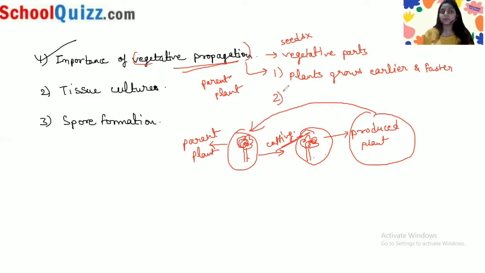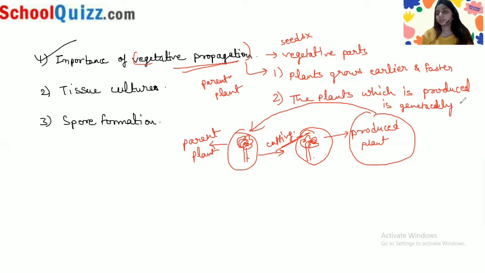So this is the importance of vegetative propagation, means the plants which are produced are genetically similar to the parent plant.